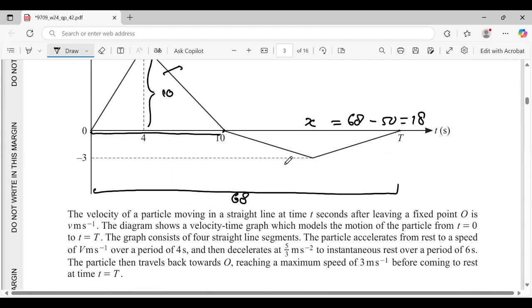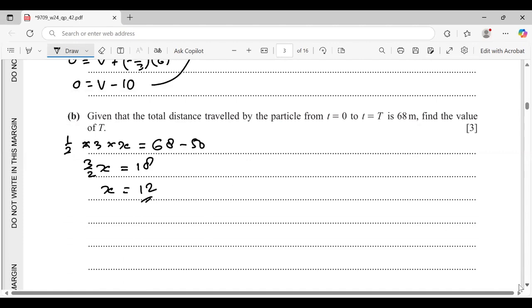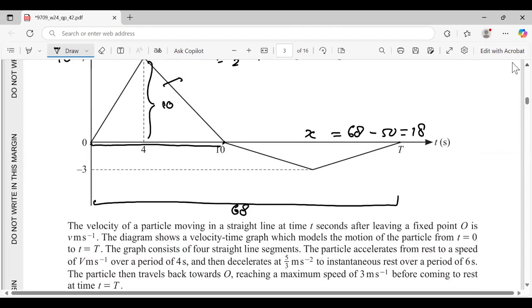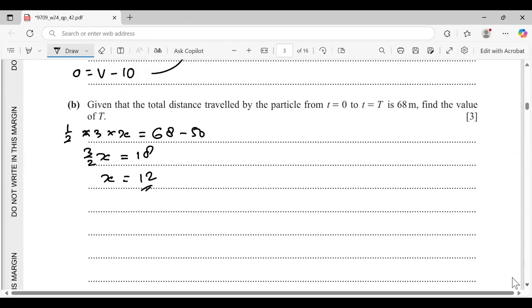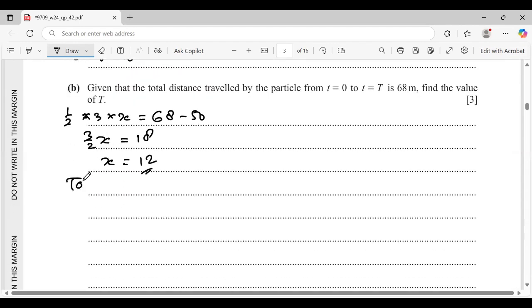This x is for the calculation, so the time from 10 to T is 12. So the total time is 10 plus 12, which is 22 seconds.